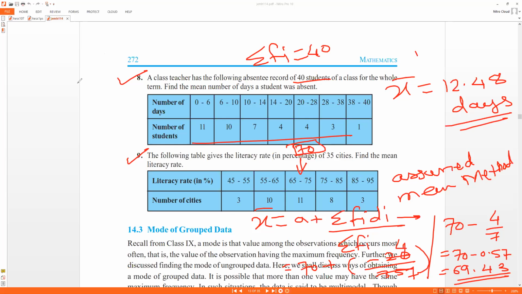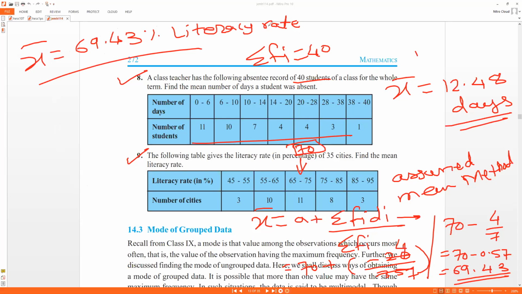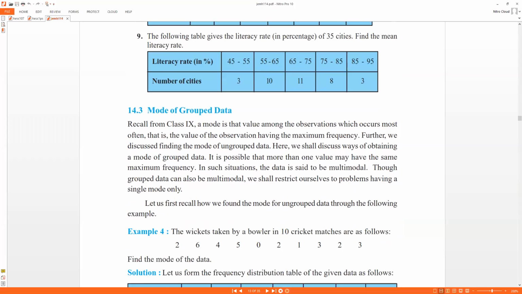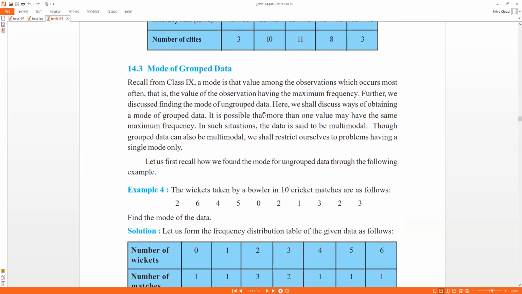Correct? Yes, sir. Right? Okay. What is X bar? 69.43% literacy rate. Is that clear? Yes, sir. Okay, so this is all about mean using 2 or 3 methods.